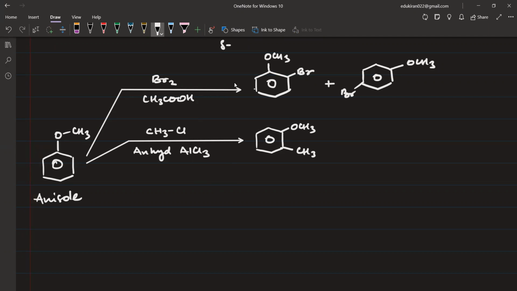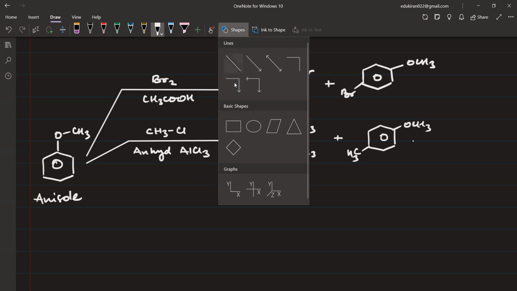I hope you can see that this is ortho substituted methyl anisole. Plus we'll get a para substituted one also. The para substituted one will look something like this, OCH3 here, and here we have the CH3 group.